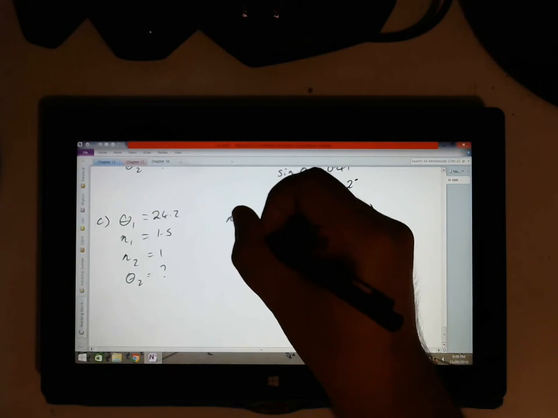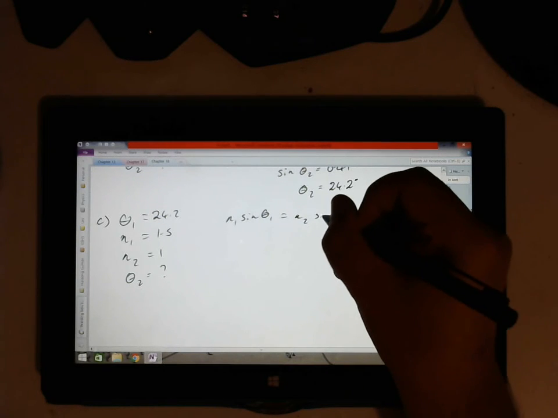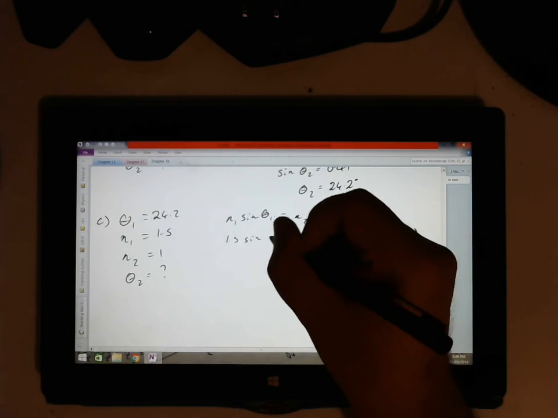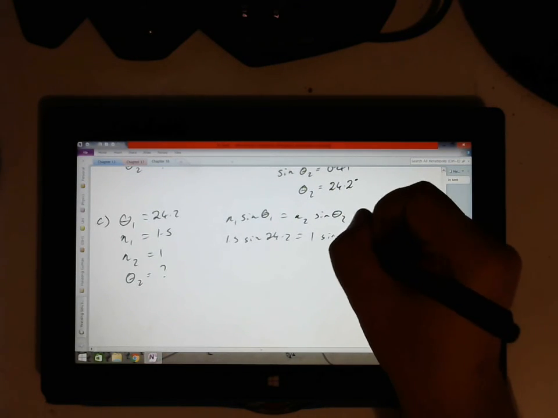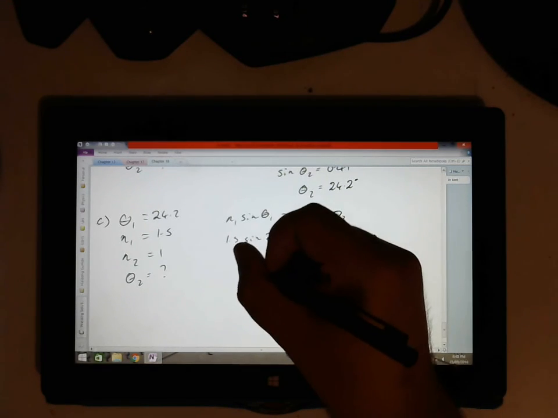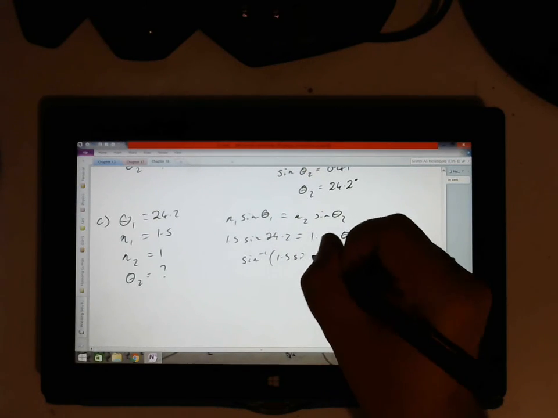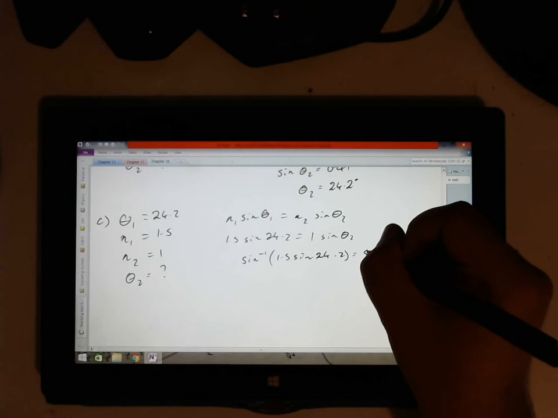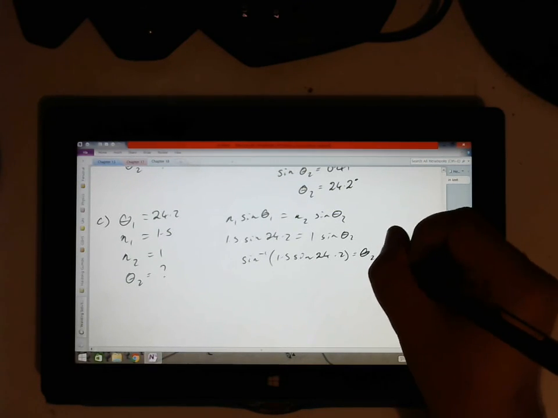n1 sine theta 1 equals n2 sine theta 2. So 1.5 sine of 24.2 equals 1 sine of theta 2, so that 1 we can ignore. So we're going to have the arc sine of 1.5 sine 24.2 equals theta 2.